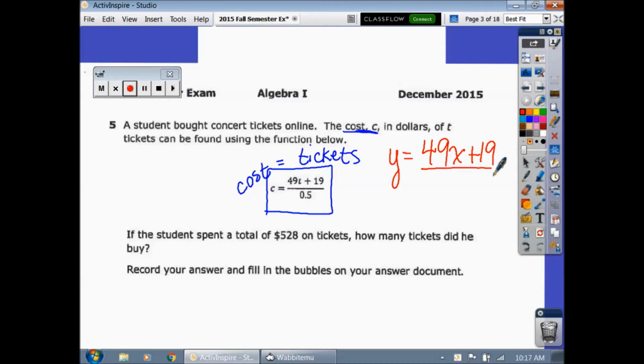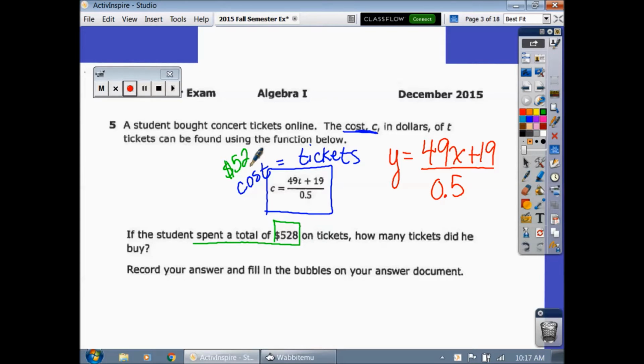If you can write it in terms of X and Y, and you have the equation in y equals, and they give you either the X or the Y value, we can use the calculator to answer the question. So let's see what information they give us here. If the student spent a total of $528, that is the cost.